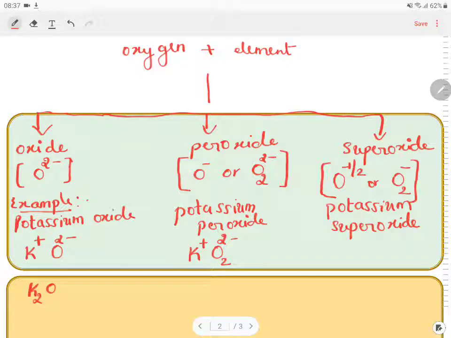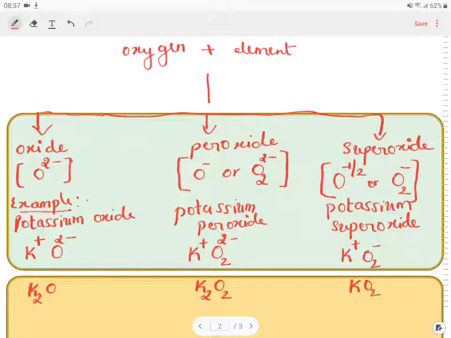Using the crisscross method, you get K2O2. Then what about potassium superoxide? It is K plus and O2 minus. Therefore, we get KO2. So this is how you can write the formula for any oxide, peroxide or superoxide.